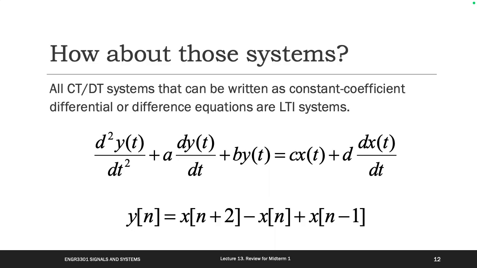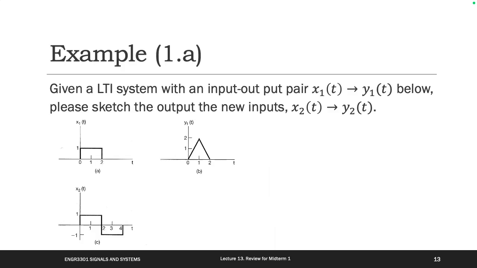Okay, let's try to check a question. We will have a similar question in midterm one. Just pay attention. Given an LTI system with an input-output pair X1, Y1. If your input is this one and your output is this one, then I give you the other input X2(t), and I ask you to decide what is Y2(t).